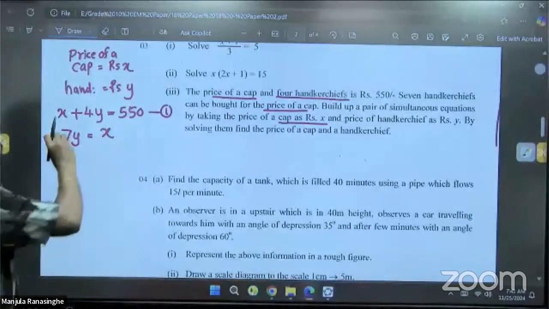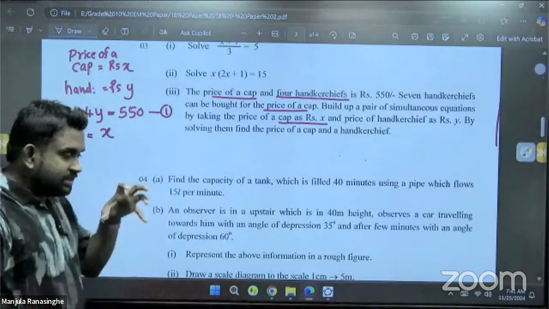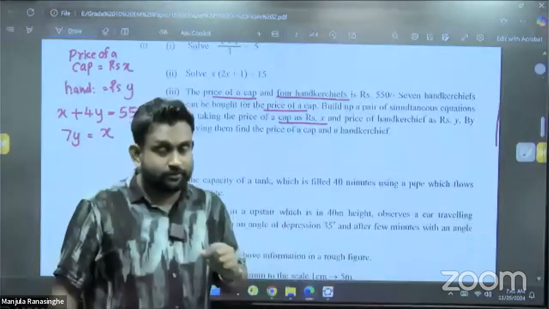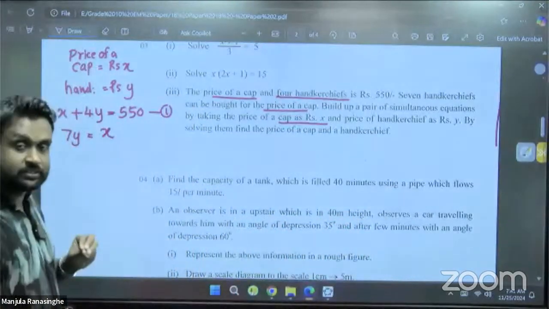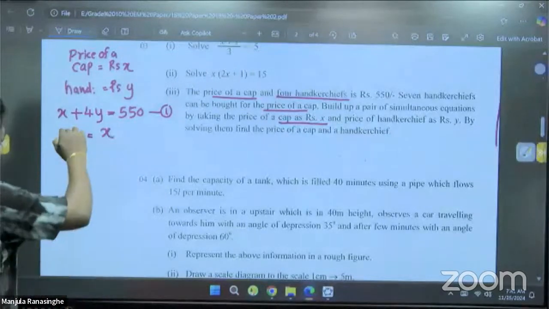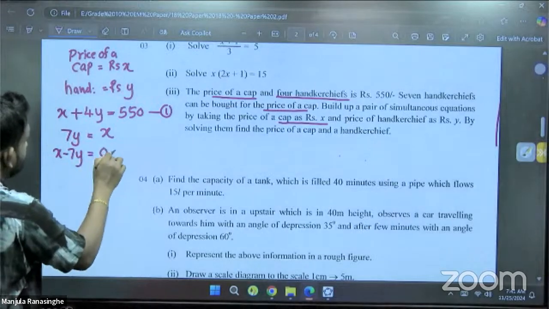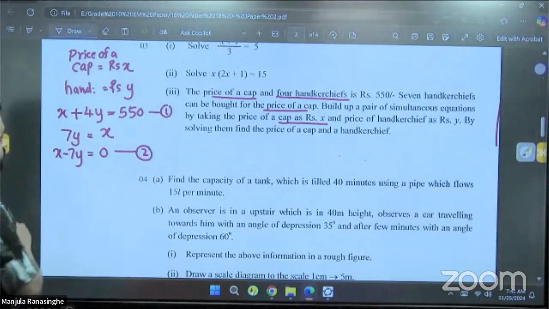Okay, now bring all the terms into a form like ax plus by equals c, where the constant value is on one side and the x and y terms on the other side. Now you can bring this to the other side. So x minus 7y equal 0. So that is the second equation.